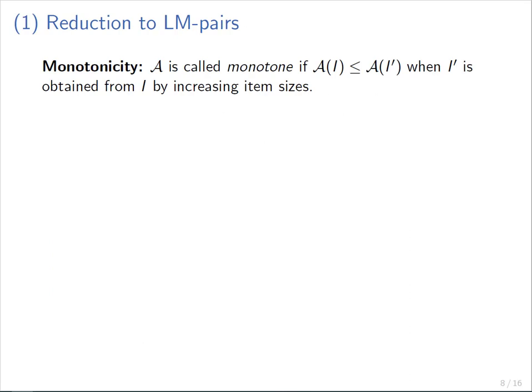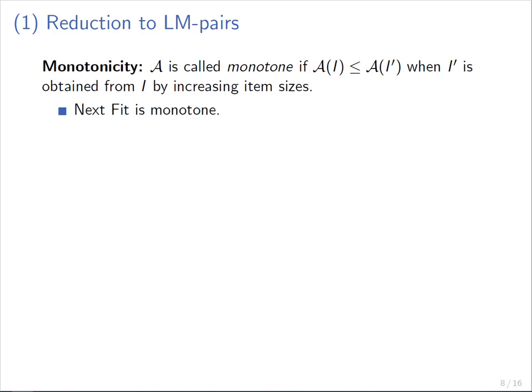Let me start with the first step, the reduction to LM pairs. Here we use the notion of monotone algorithms. We call a bin packing algorithm A monotone if the number of bins can only increase if we increase the sizes of items. This really sounds like a natural property of an algorithm.